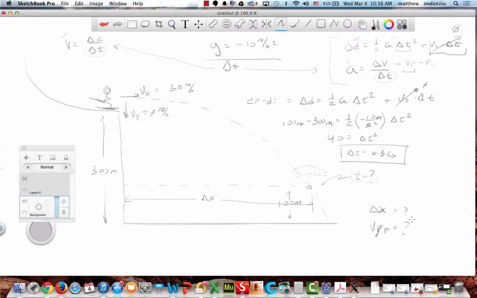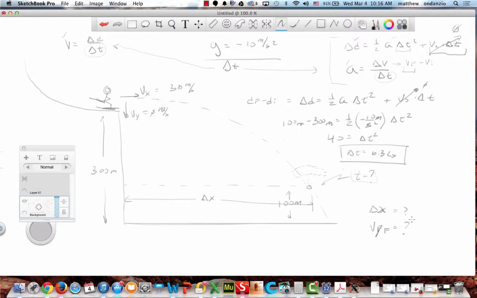What governs where he is horizontally? What's going to define where he goes horizontally? Not gravity. Horizontally, just his velocity horizontally.